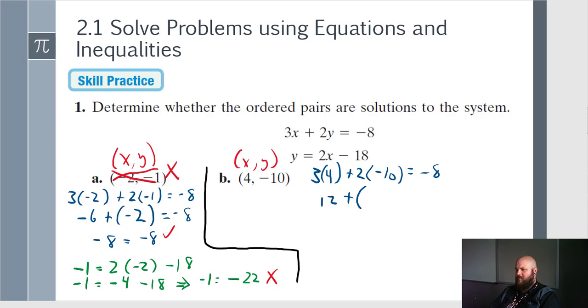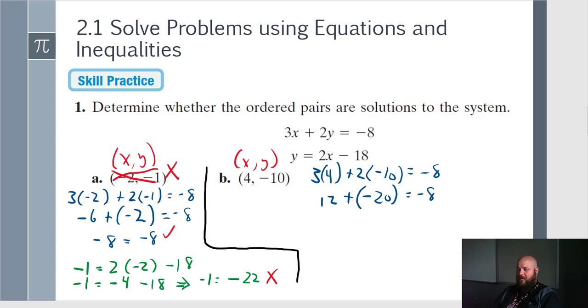Well, it's a +2 and a -10, so it's a negative value, and 2 times 10 is 20. Let's see if that equals -8. Well, if we take 12 plus -20, think of it this way, right? You're $20 in the hole because your bigger number is negative, so you need $20, okay?